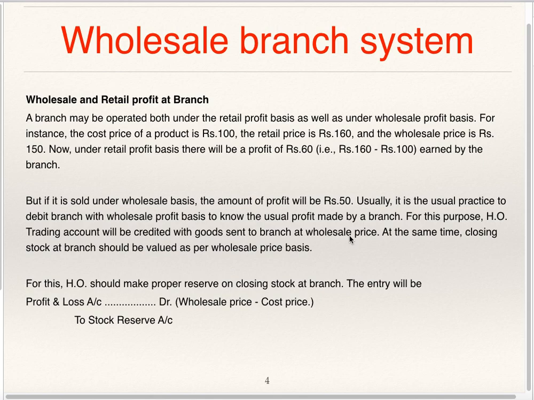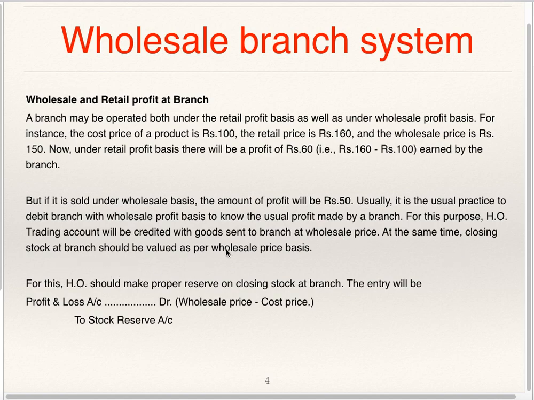The same is to be recorded in the trading account at the credit side of head office account, because head office is sending the goods and branch is receiving the goods. So in the columnar trading account, head office column, credit side, goods sent to branch, and branch account debit side, goods received from head office at wholesale price.